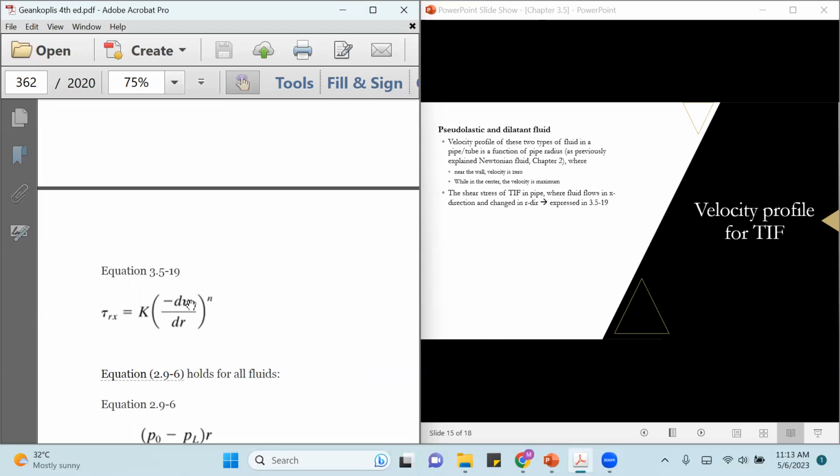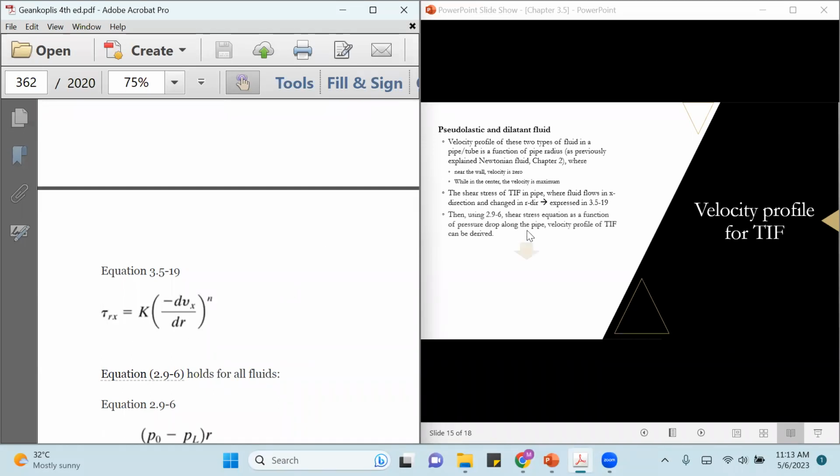Minus dvx, because it flows in the x direction, and then the velocity changes based on the radius. So that's why the shear stress actually is a function of the velocity of the fluid to its radius in pipe.